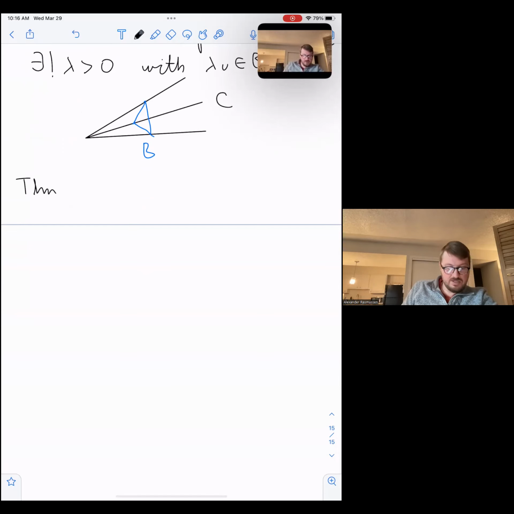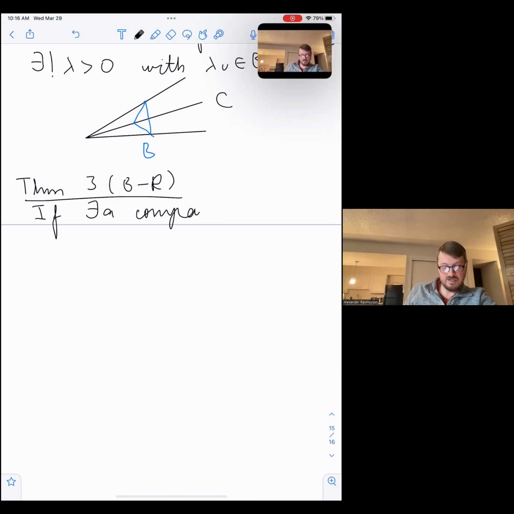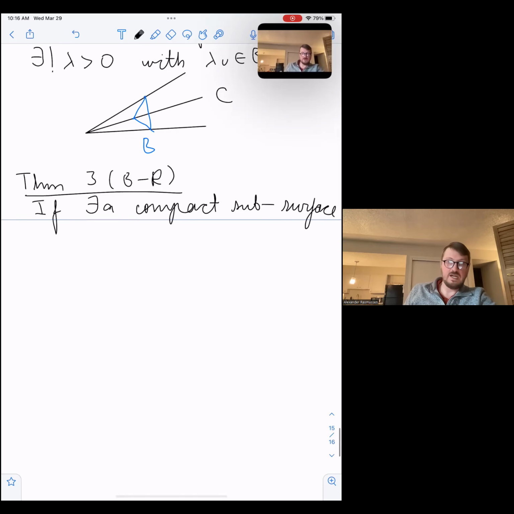The problem is there's no reason to expect that a base actually exists. So in fact, there may not be a base, but in our third theorem, we show that there does exist a base as long as the lamination is sufficiently nice.